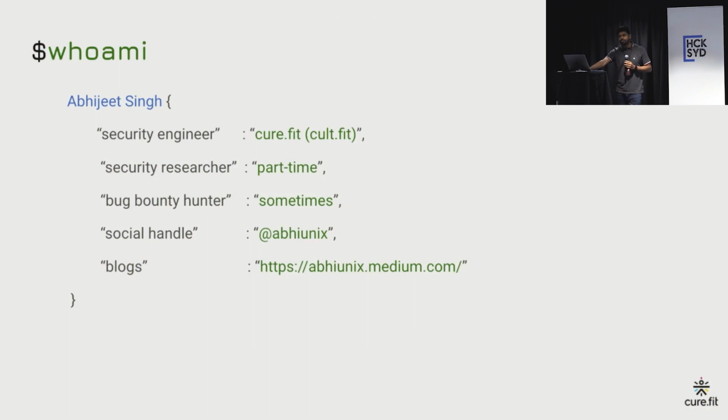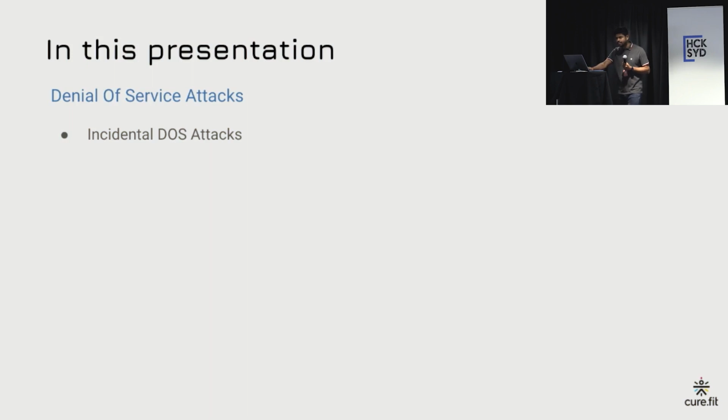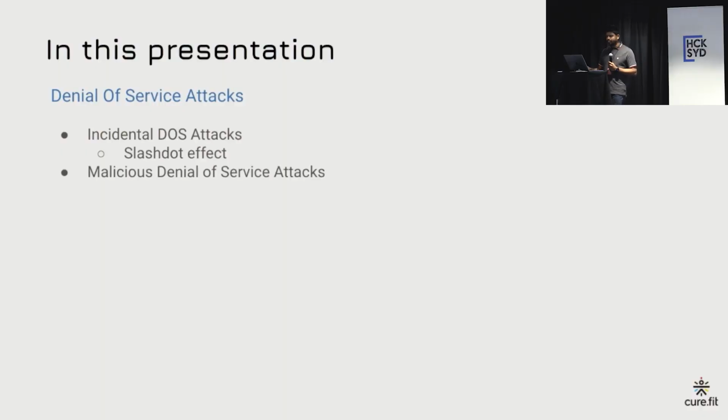So I'm just going to first show you the outline of this presentation, what we are going to cover, and the sequence. So again, I'm just going to show you the agenda of today's session. Mostly we will be talking about denial of service. First, incidental DOS attacks, which are not intended, but still we get our website down by doing some stuff. Then we'll take the example of the Slashdot effect.